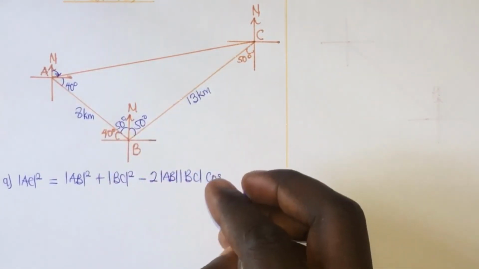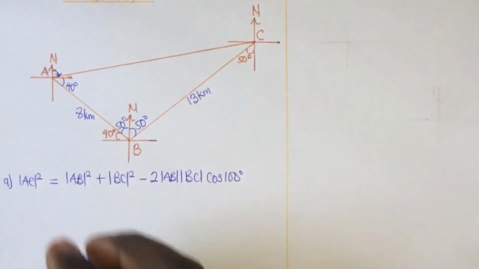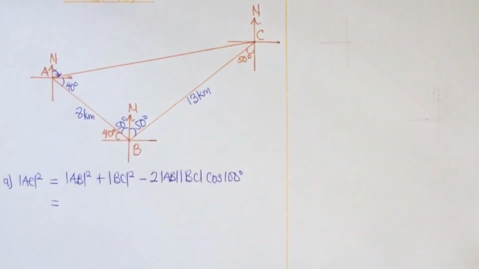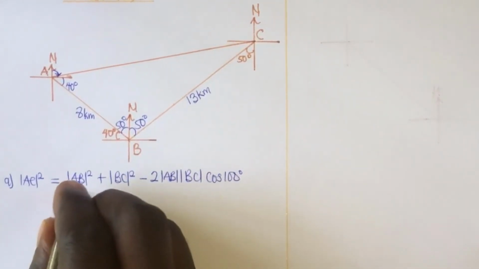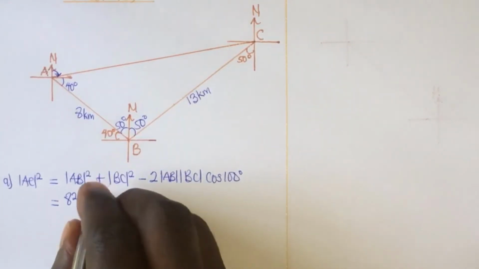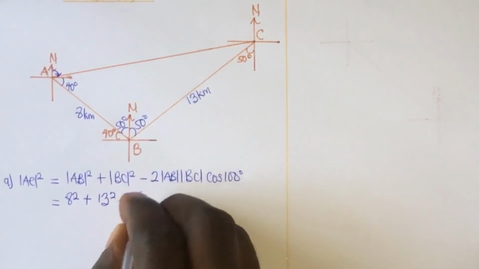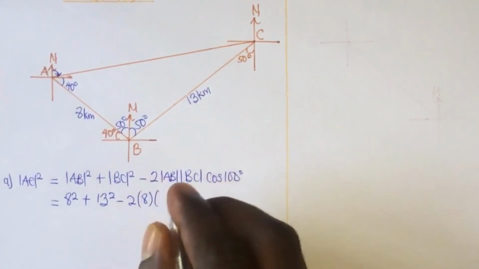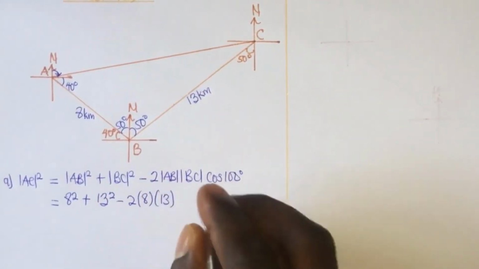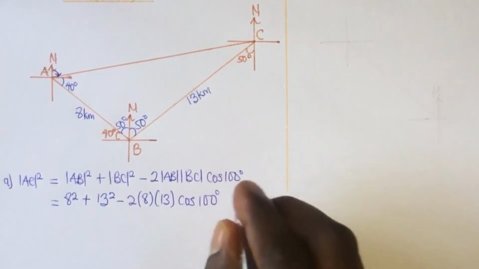So let me represent it. It's 100, so cos 100 degrees. So by substitution, AB is 8, so 8 square plus BC is 13 square minus 2 into brackets 8, then multiplying 13 cos 100 degrees.